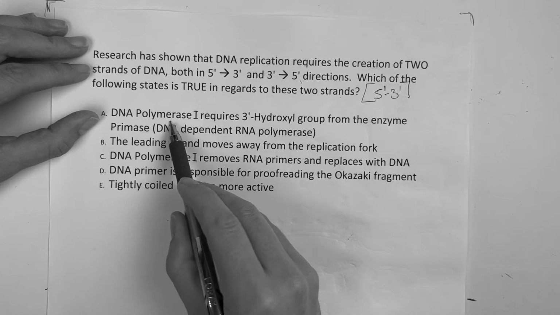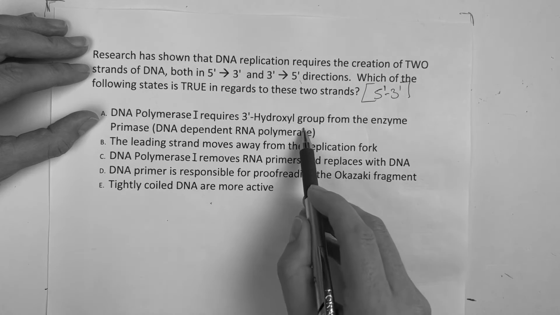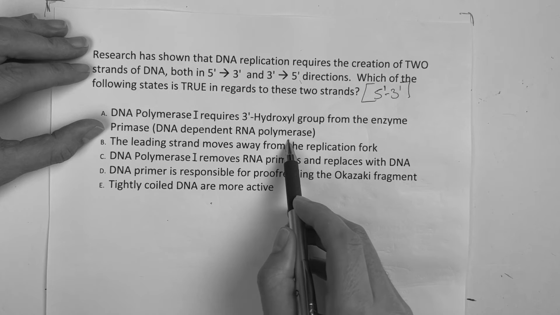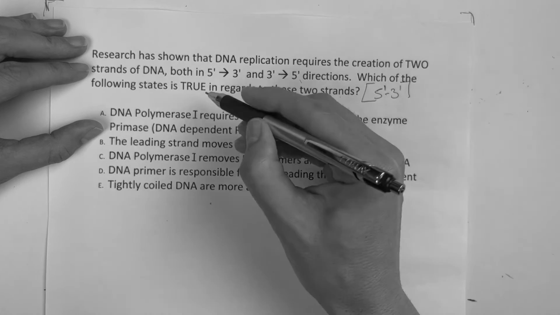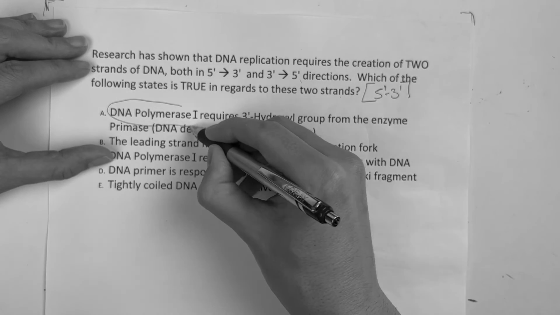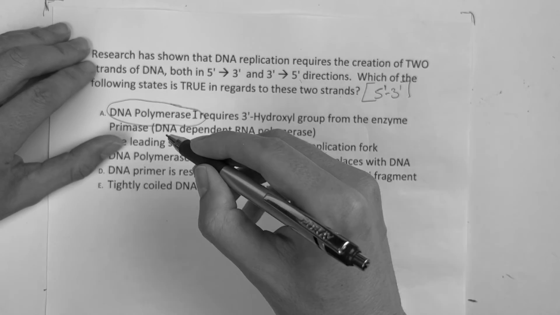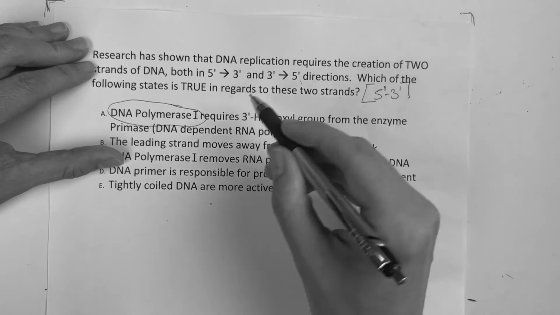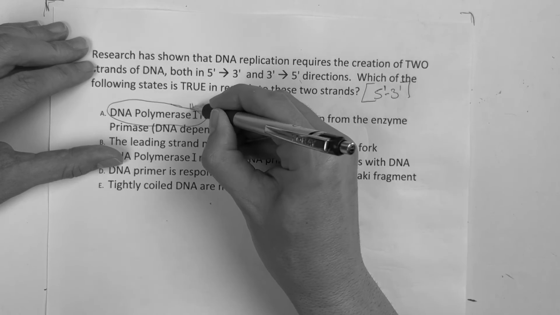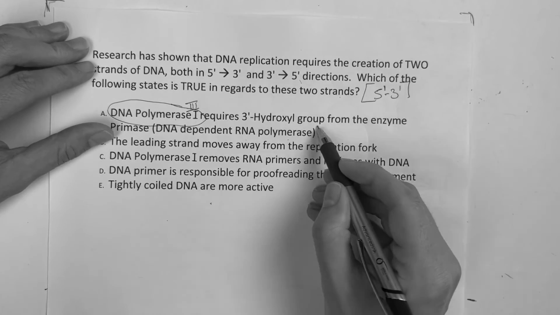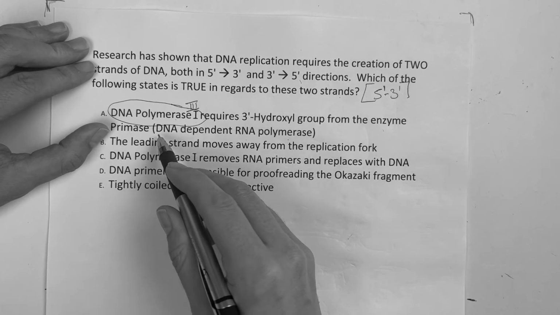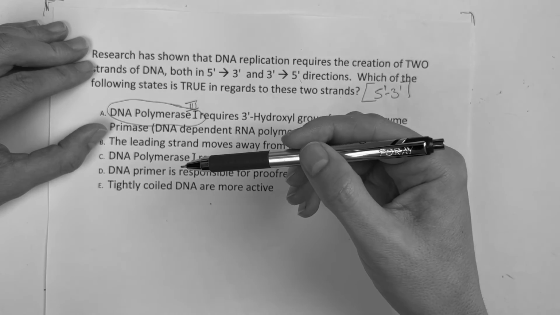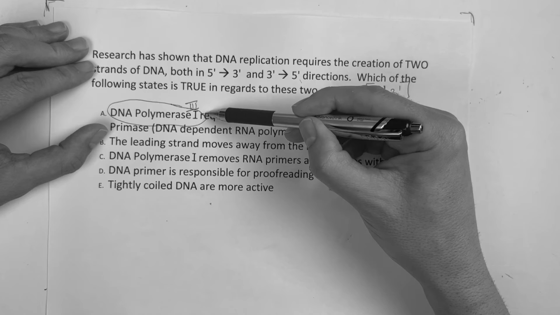Is it A, DNA polymerase 1 requires a 3-hydroxyl group from the enzyme primase, which is DNA-dependent RNA polymerase? I don't know about that, because remember we said the only role of DNA polymerase 1 in this world is to do what? It's to remove the RNA primer and replace it with DNA. Now, DNA polymerase 3 requires a 3-hydroxyl group from the enzyme primase, and I also said it was the RNA primer also.